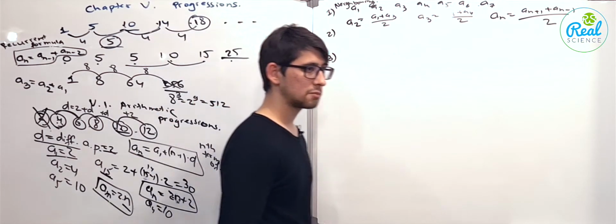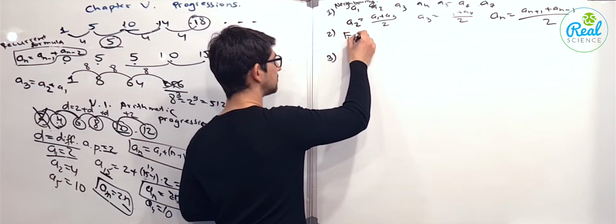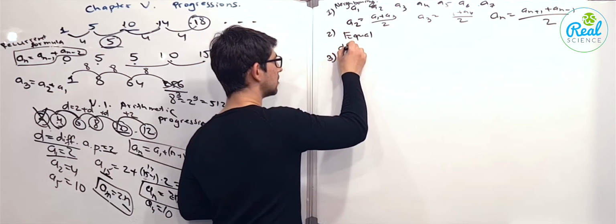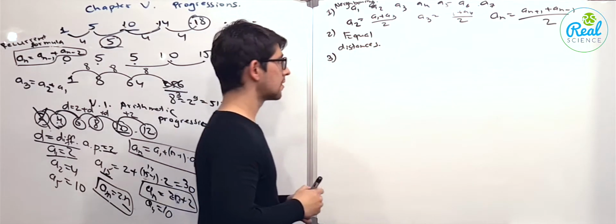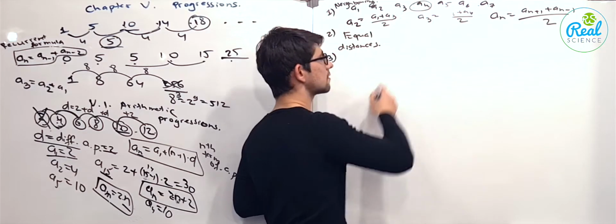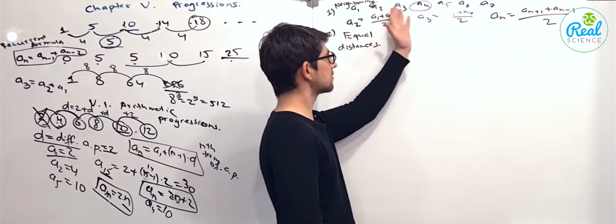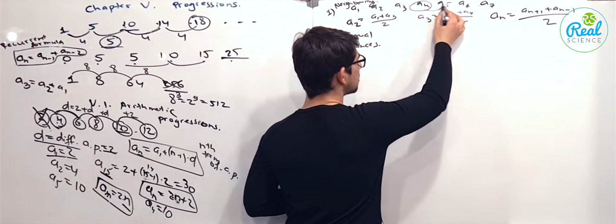What was the second property, Ilhan? Equal distance. Yes. Equal distances. What does it say? Again, starting from the second term, let's take the fourth term in that case, okay? You can take thirds, fourths, fifths, okay? Terms located at equal distance.